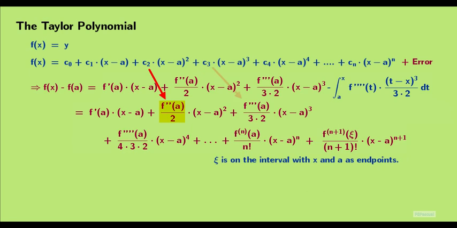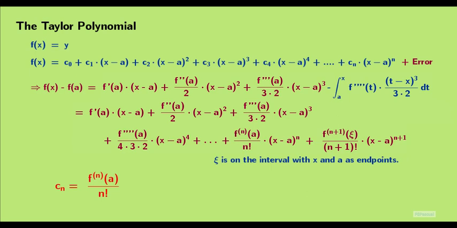C sub 3 is f triple prime of a divided by 3 times 2. And C sub 4 is equal to f quadruple prime at a divided by 4 times 3 times 2, or 4 factorial in the denominator. In general, C sub n is equal to the nth derivative of f evaluated at a divided by n factorial.